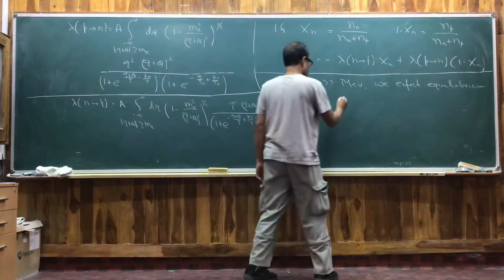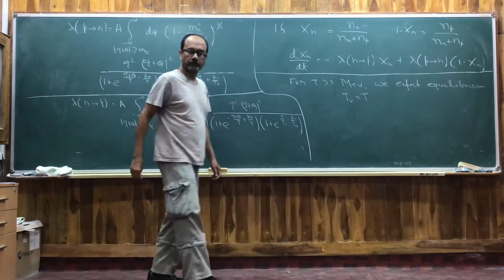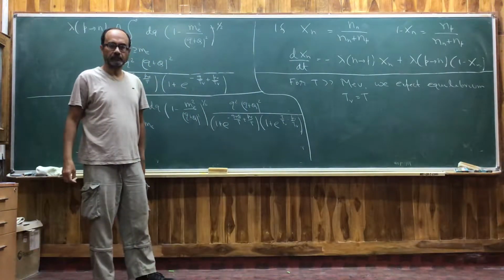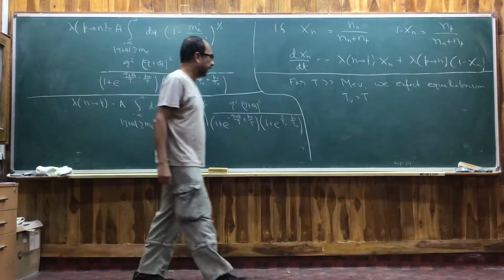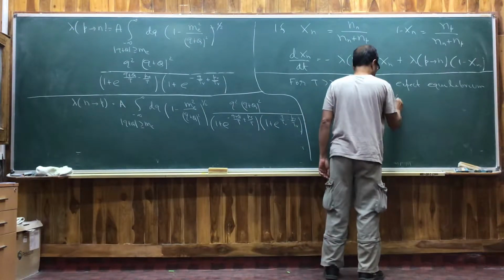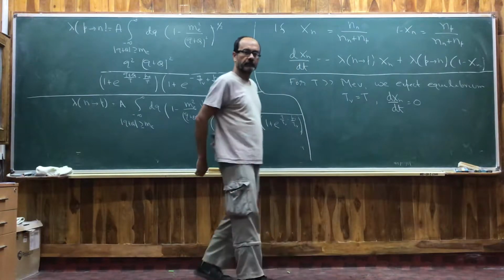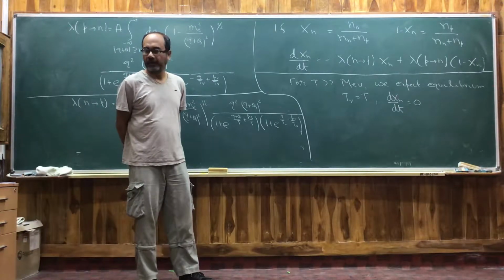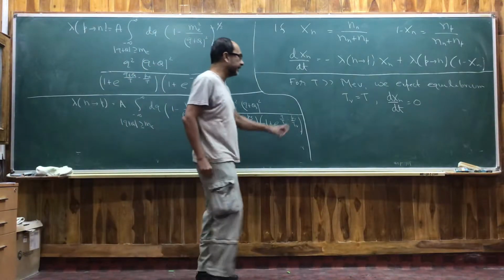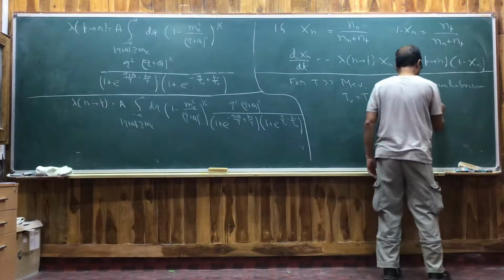So in this case also we have T nu equal to T. And we should have dXn/dt equal to 0 instantaneously. That's the definition of equilibrium, right? The number of neutrons shouldn't change as a function of time, except for the fact that T itself is changing, so that may cause some change. But suppose it's at a fixed temperature, assuming T constant.